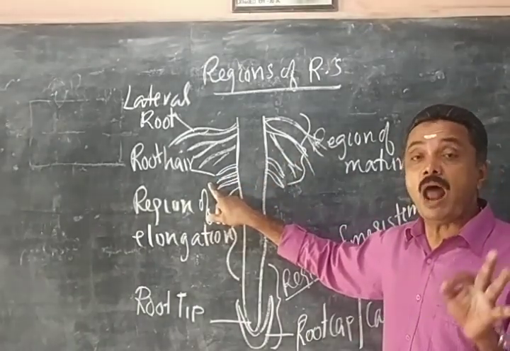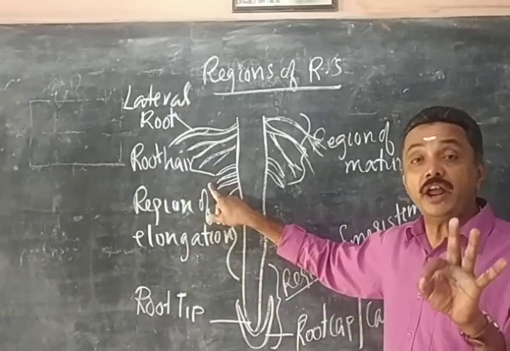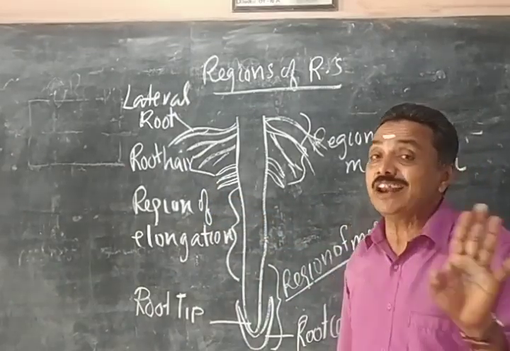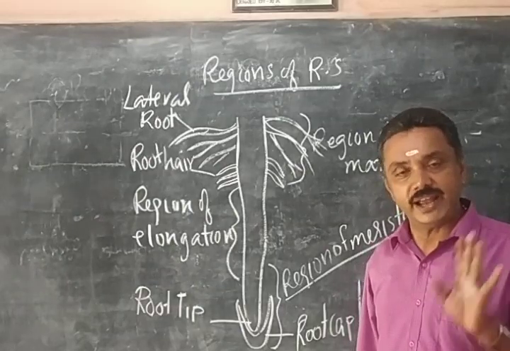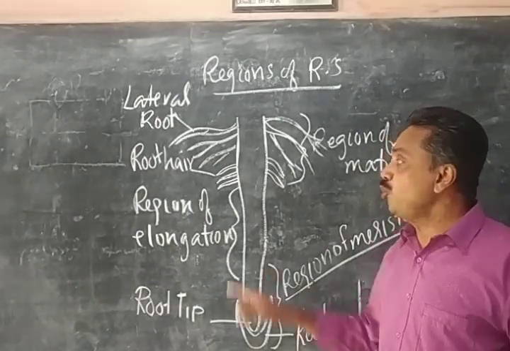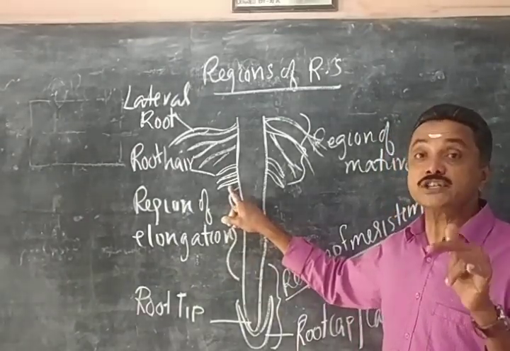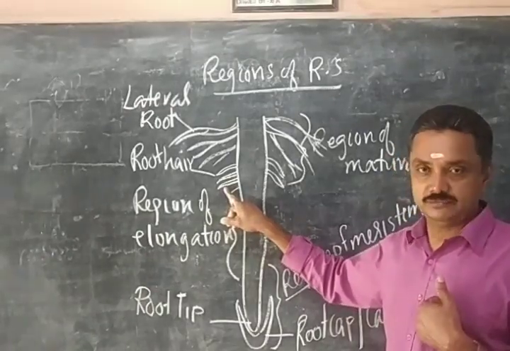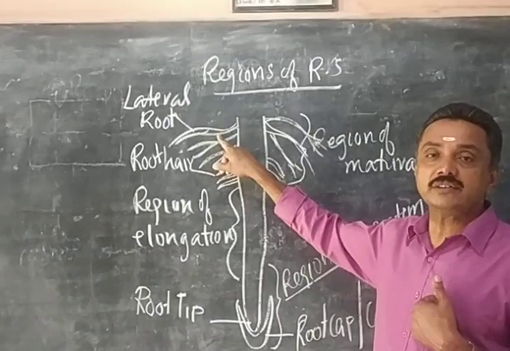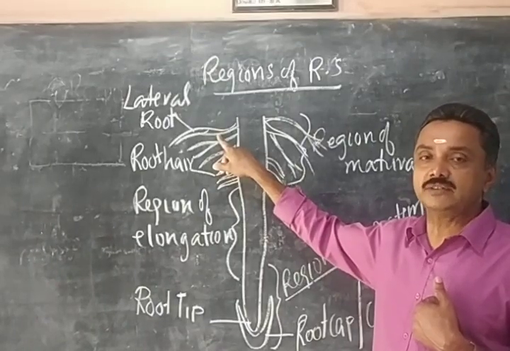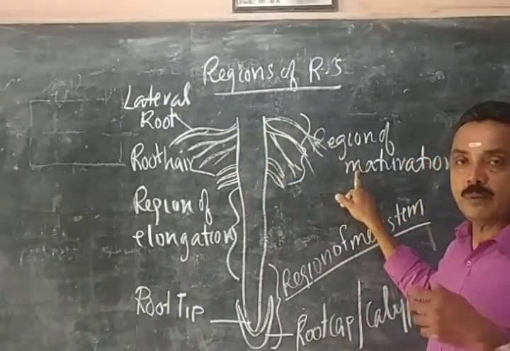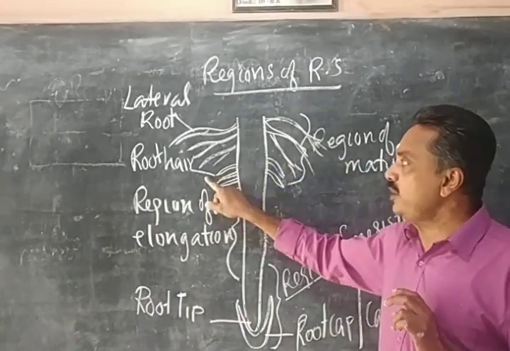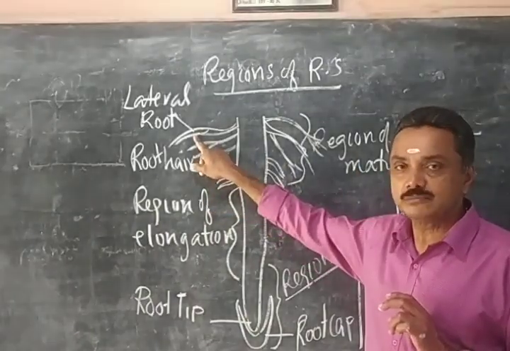In the region of maturation we can see root hairs. Unicellular epidermal outgrowths are called root hairs. With the naked eye we cannot see root hairs; we can see them only under a microscope. Root hairs are the absorbing organs of the plant body. Water and minerals are absorbed by root hairs. Lateral roots, the branches, are also there. So in the region of maturation we can see root hairs and lateral roots.